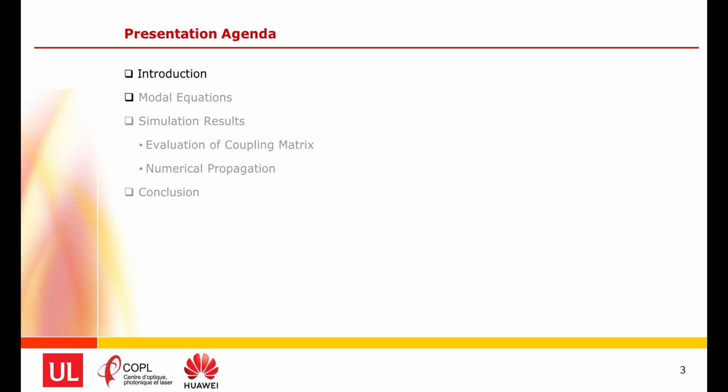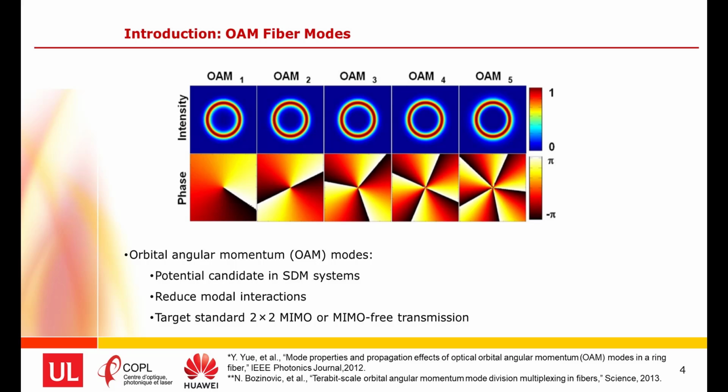So we're interested in orbital angular momentum fibers. What I'm showing here is the intensity profile and phase profile for different order modes of OAM. The reason we're interested in orbital angular momentum is for spatial division multiplexing applications. The objective is to reduce the modal interactions by exploiting these modes.